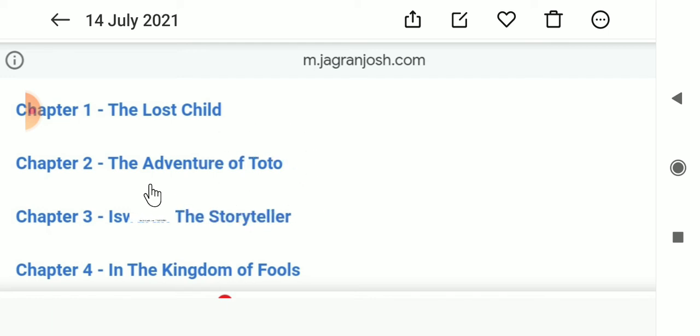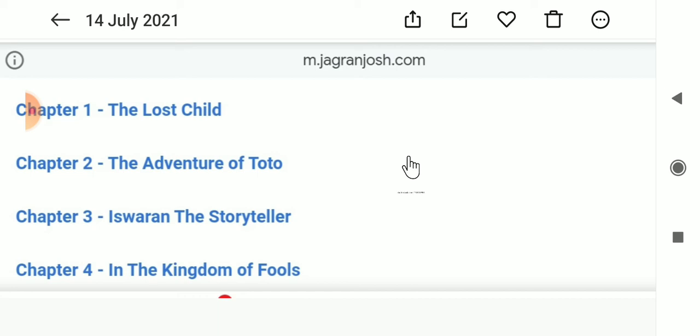Then comes second, The Adventures of Toto. Then comes chapter 3, Iswaran the Storyteller. Then comes chapter number 4, In the Kingdom of Fools. Maybe you have known about this lesson and have learned it somewhere in your previous classes in the pre-primary and primary section.